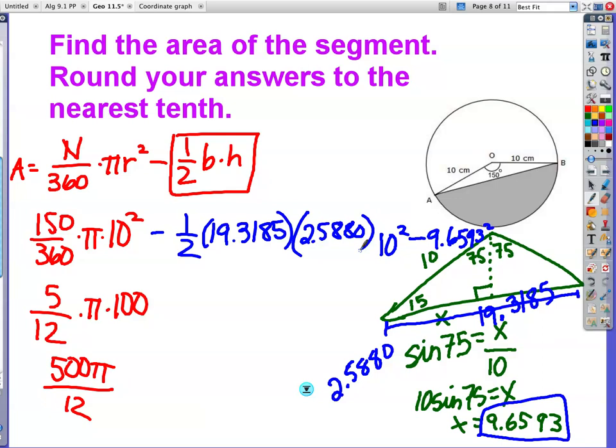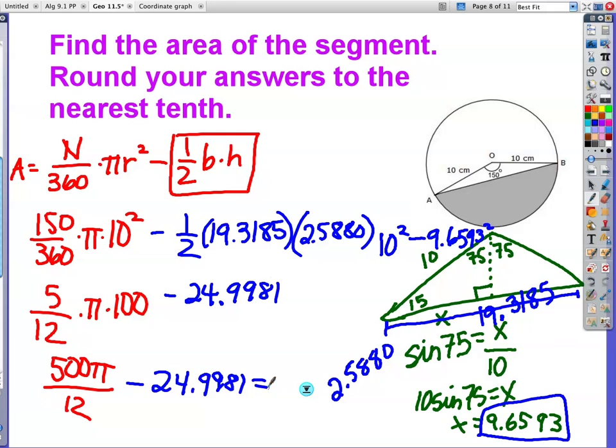Now I'm going to multiply all of that out, so 0.5 times 19.3185 times 2.5880, and I'm getting, oddly enough, 24.9981. All right, and now I'm just going to do all this in my calculator, 500 pi, and then I divide by 12.